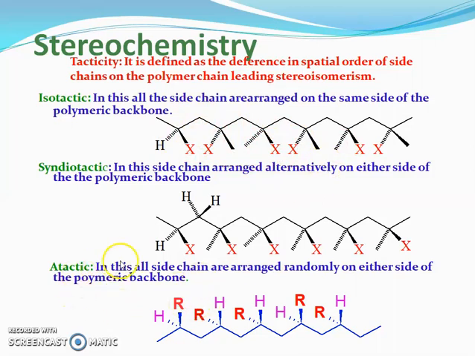An atactic polymer is one in which all side chains are arranged randomly on either side of the polymeric backbone. This is called an atactic polymer. In isotactic and syndiotactic polymer chains, they can be packed together better because of the regular arrangement of the side chains.